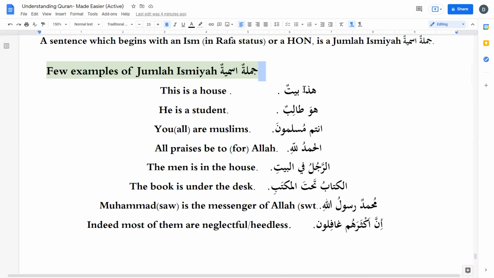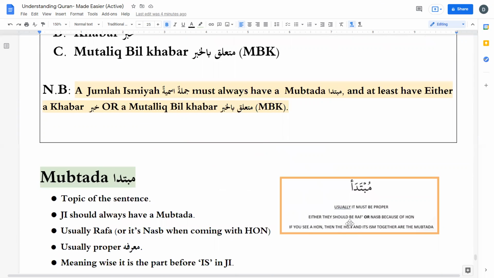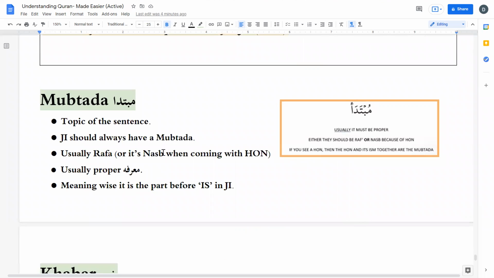We observed that it is almost always rafa, except when Jumlah Ismiyah starts with harf of nasb. Then the mubtada, the ism of inna, is in nasb status. So let's see the important points about mubtada.